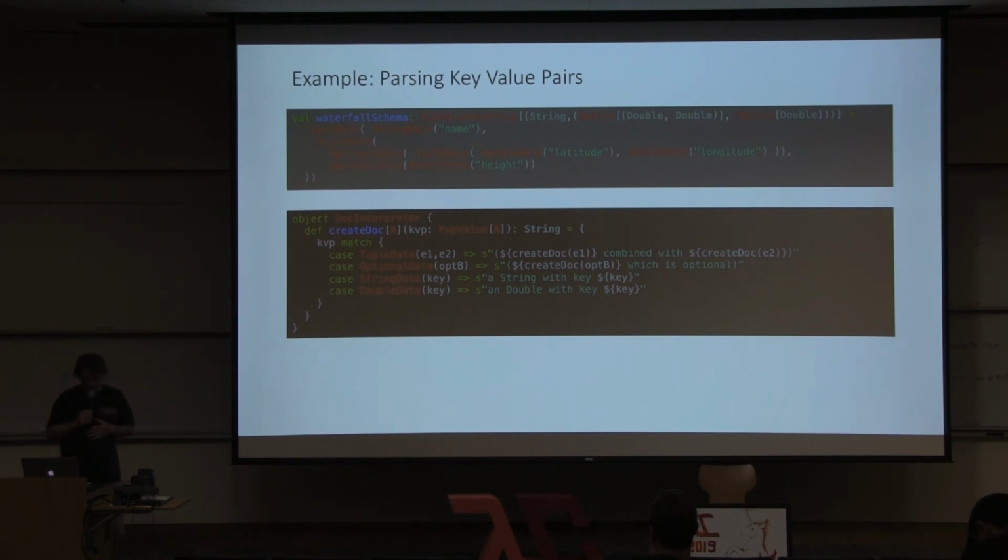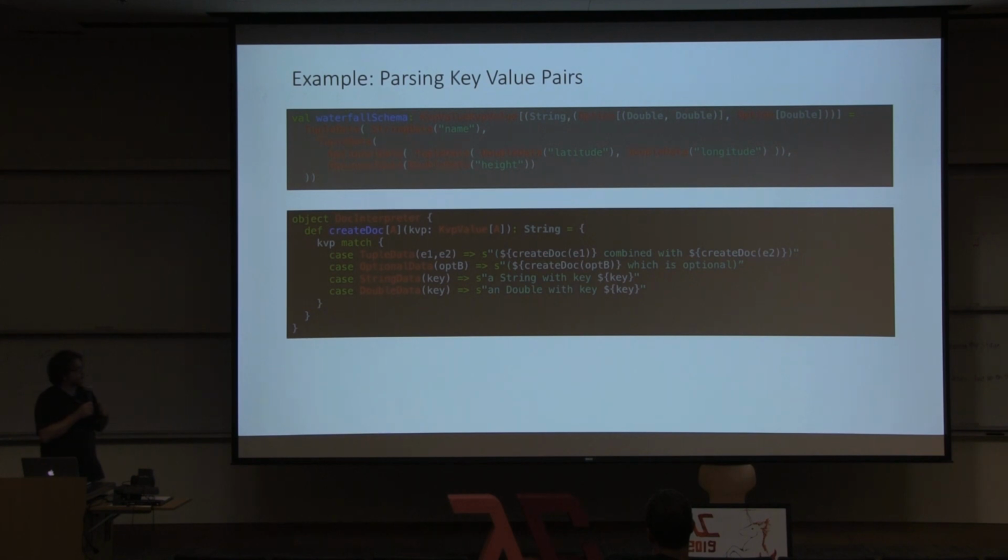When we run across a tuple data, we are going to recursively call create data to get the documentation of element 1. We're going to recursively call to get the documentation of element 2, and then we're going to combine those together with the metadata combined with. For optional data, we are essentially going to do the same thing.